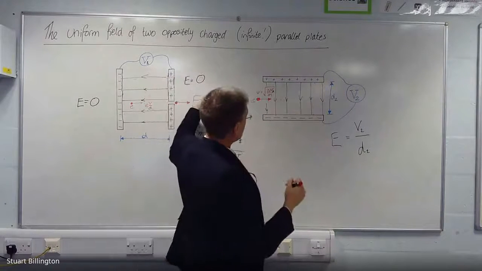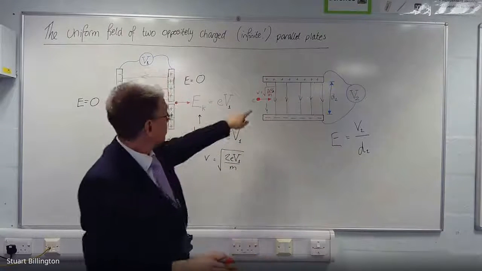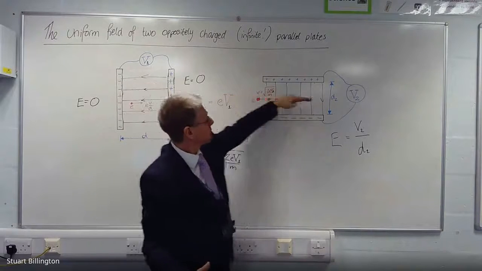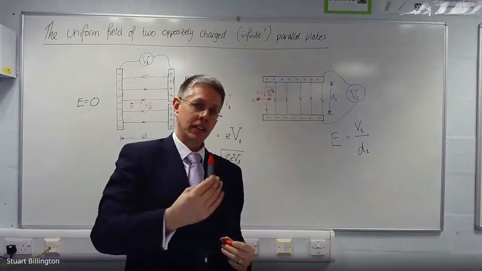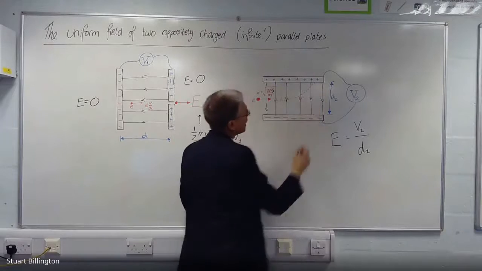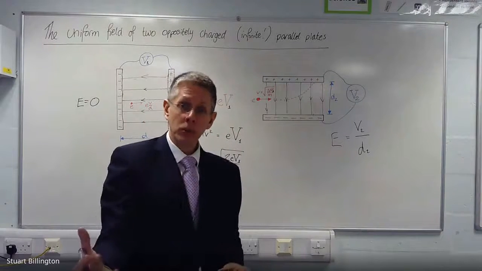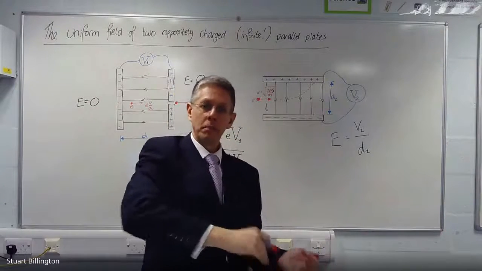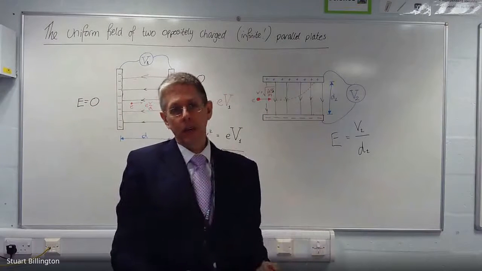And so as this electron travels across, there are no horizontal forces on it, so it will maintain its speed. It's not going to change its speed as it goes across horizontally, but it's going to gain speed vertically, which means that as this thing comes through, it's going to do a kind of projectile motion, but instead of gravity, which is a constant force downwards, bending it down, this is a constant force upwards, which is going to make it go up.